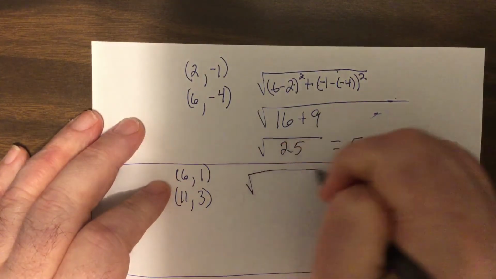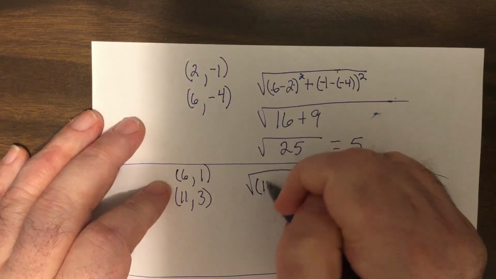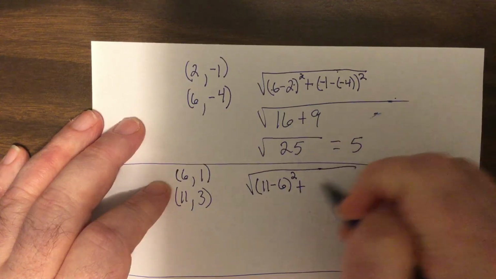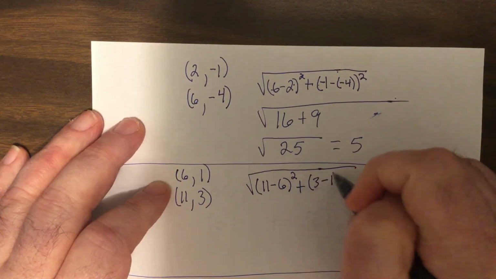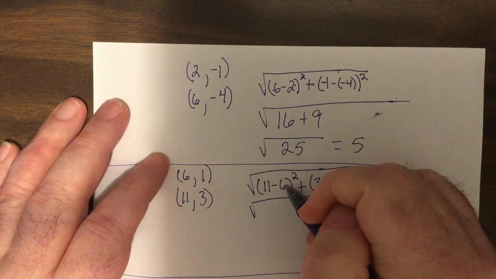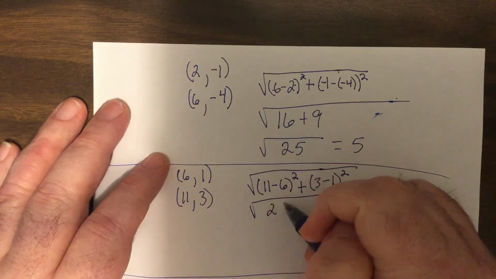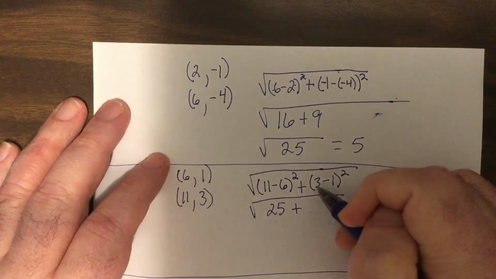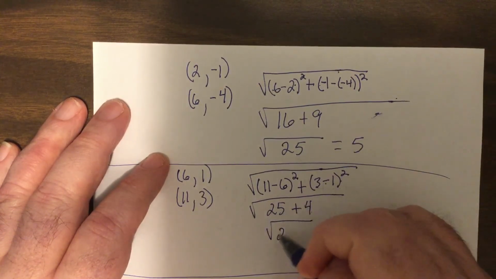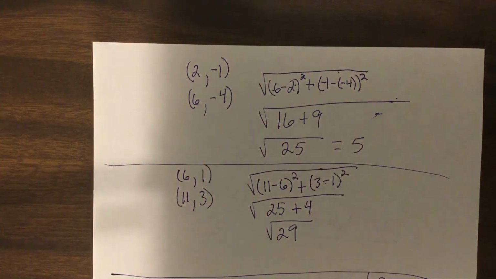So that would be the square root of 11 minus 6 squared plus 3 minus 1 squared. So 11 minus 6 is 5, squared is 25. 3 minus 1 is 2, squared is 4. So it's the square root of 29. And you can't do anything to square root of 29, so we're done.